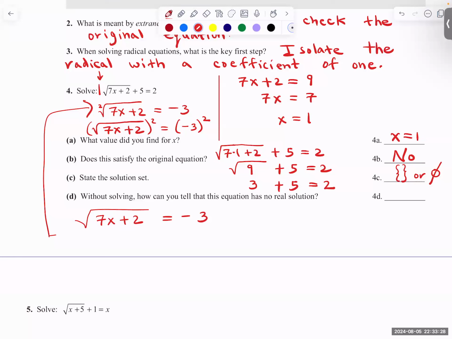So that's how you can tell right away whenever you have a square root with a coefficient of positive 1 equaling a negative number, in the set of real numbers, there will be no real number solution. So right there, you could stop and say no real number solution.